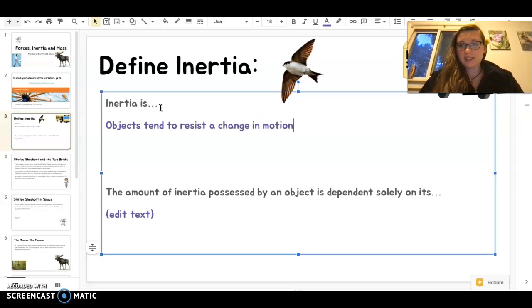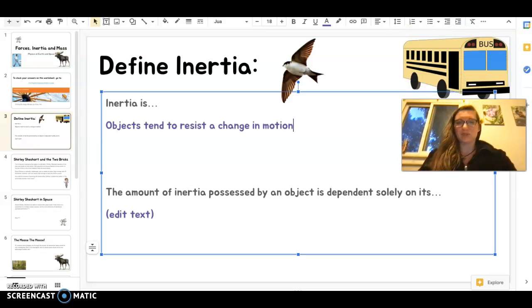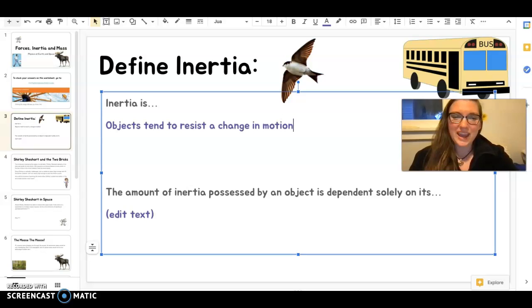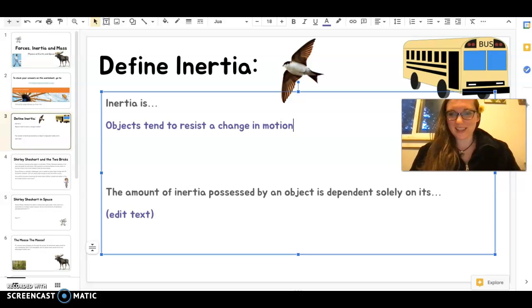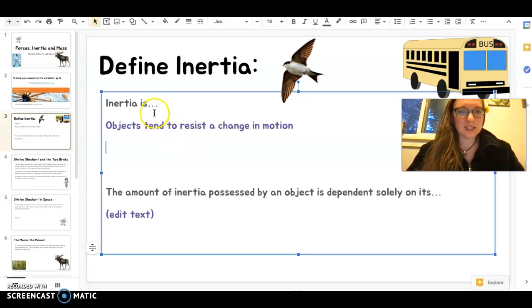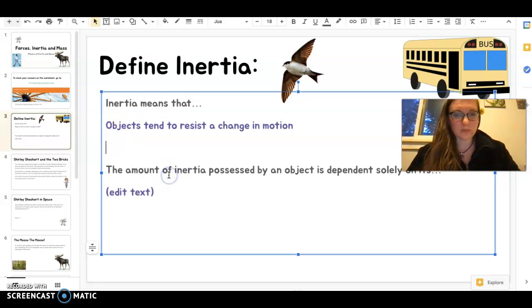Another way to say that is that an object in motion wants to stay in motion in a straight line or in that same trajectory, and an object that is at rest tends to want to stay at rest. Thinking about that in terms of our bodies, when we're sitting down chilling, we want to stay sitting down chilling. When we're moving around, it's hard to stop sometimes, or it's hard to change to a different activity. So inertia means that objects tend to resist a change in motion.